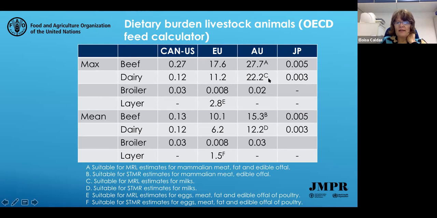You're going to estimate the MRL for milk because it comes from the dairy cattle. The same rationale applies to poultry: the highest residue and maximum residue level for poultry commodities, and the means for estimating the STMRs for beef, for milk, and for poultry. So that's just a summary table.